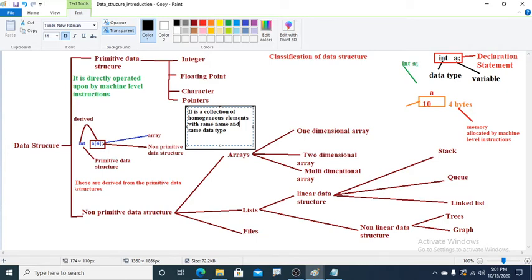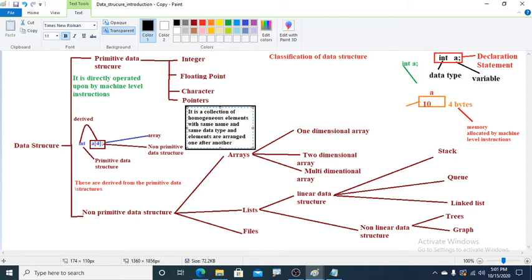Otherwise, we can say array is a collection of homogeneous elements with the same name and the same data type, and the elements are arranged one after the another.